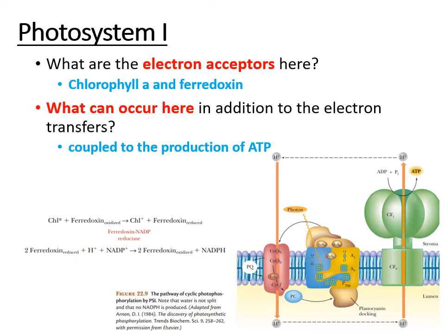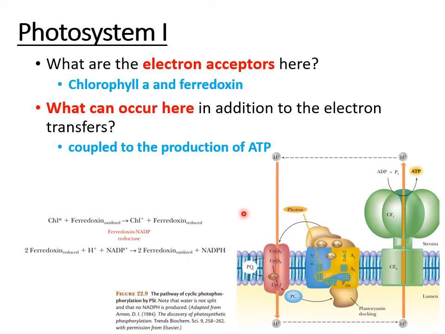Okay, so now that we've gotten past photosystem 2, we're going to focus on photosystem 1. You'll take a look over here. So we're focusing now on photosystem 1. The electron acceptors here are going to be chlorophyll A and ferredoxin, and basically the absorption of light by what's called P700, which is a type of chlorophyll, will then lead to a whole bunch of passing of electrons.